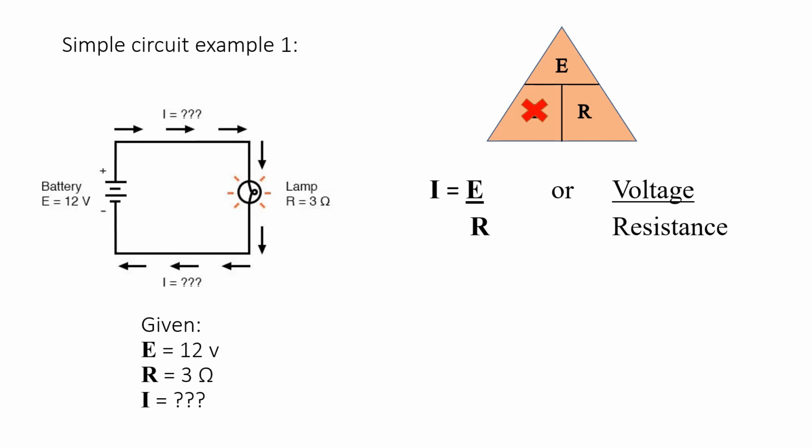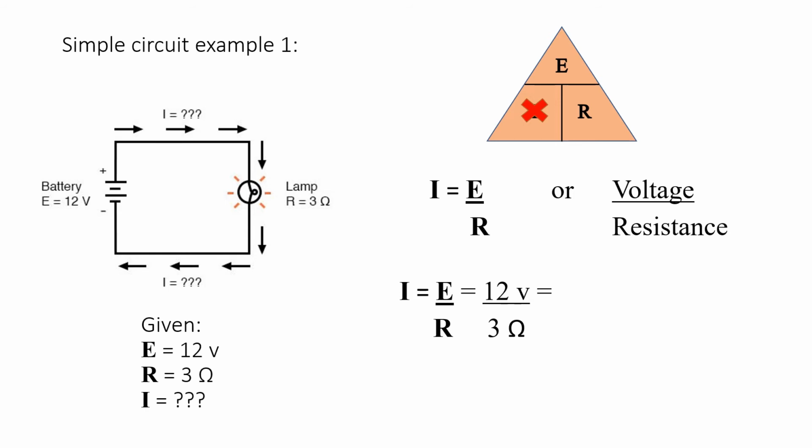Now, substitute the values of voltage and resistance. E, or voltage, is equal to 12 volts, divided by R, or resistance, is equal to 3 ohms.